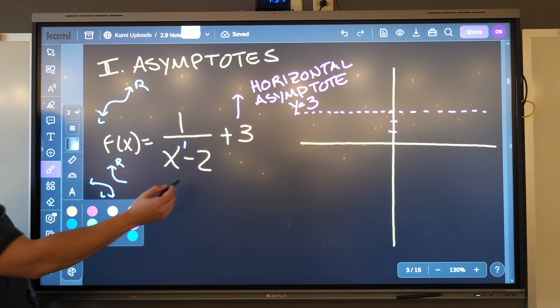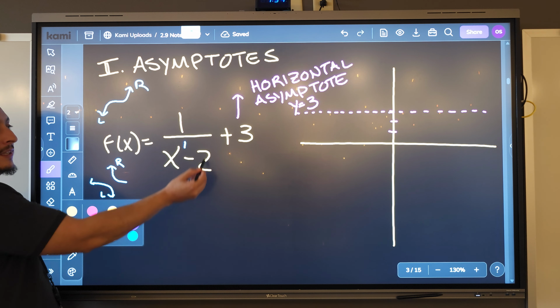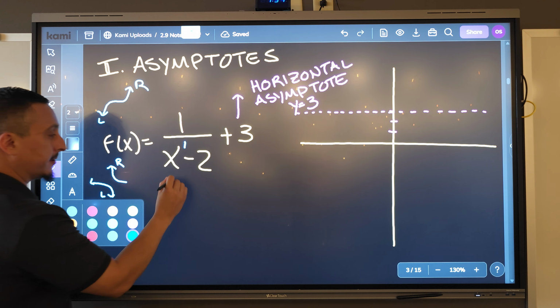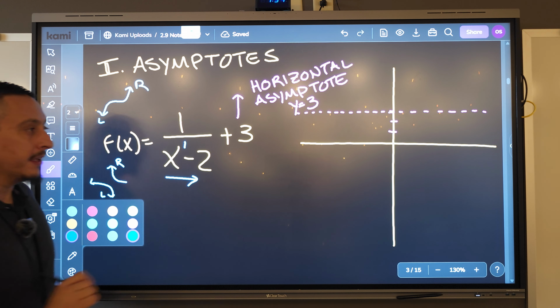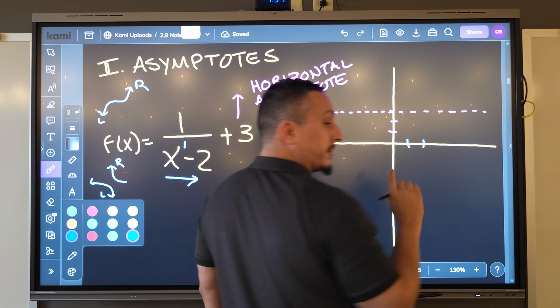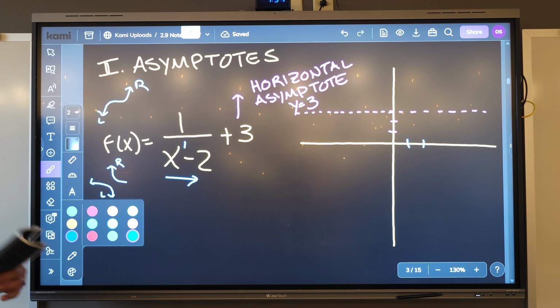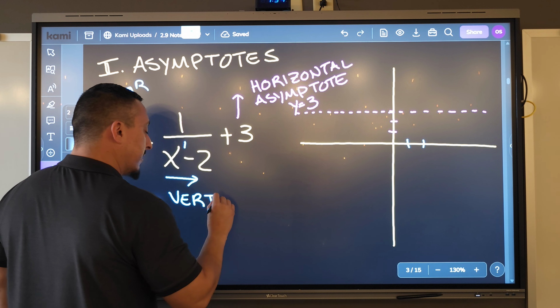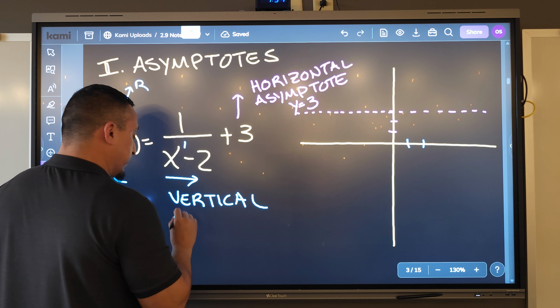Gustavo, what does this minus 2 do to any function? To the right 2, okay? That's exactly right. So I'm going to go right 2, but not just that. So another very important point. Today is not just right 2. This is the vertical asymptote.